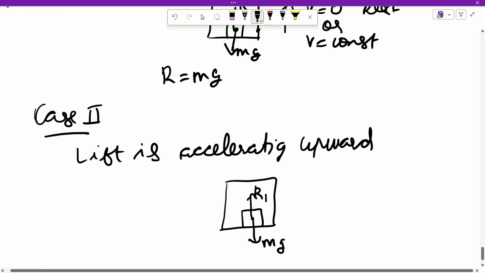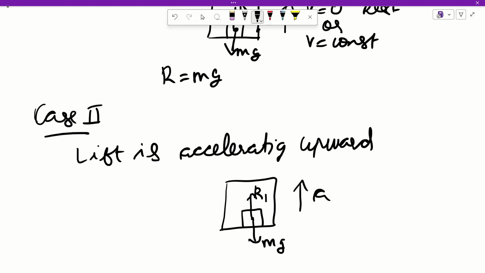In this case the lift is moving upward with acceleration a, so R1 equal to m into g plus a. Since it is going upward, the weighing machine will read the apparent weight, which is more than the actual weight.